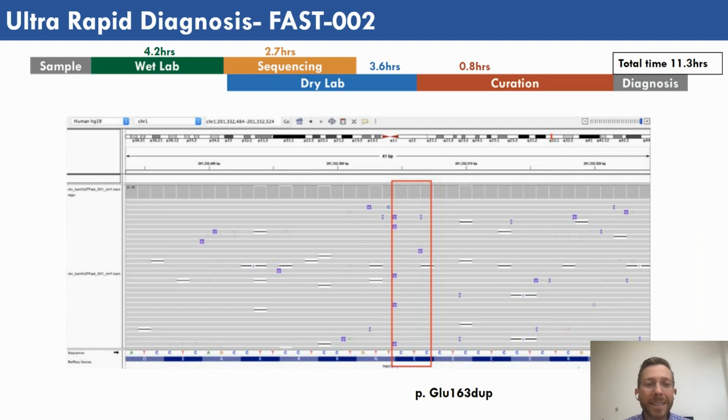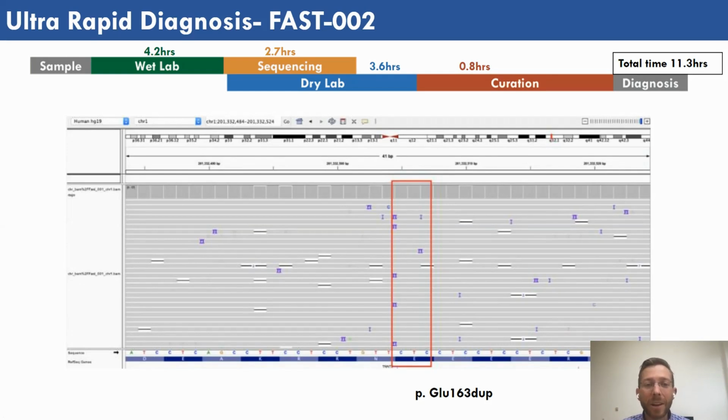And when we look at the IGV pileup, a method that geneticists use to look at the genetic variants among many different sequences within the patient's genome, we can see, although it's a little bit small, within this red box, there are multiple purple boxes, which indicate that there was a slight duplication of a 3 base pair sequence, which disrupted this gene.